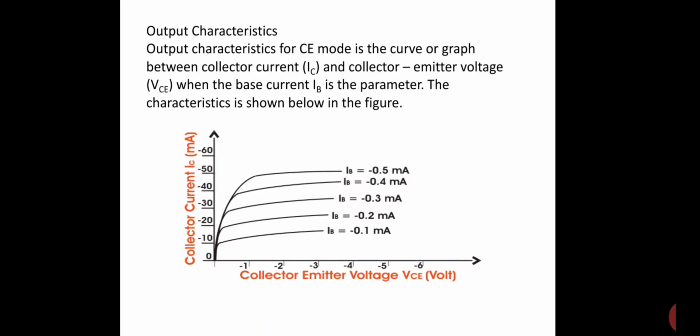And again IB is increased with biasing of input increased. After that, as output voltage VCE increases, output current also increases.